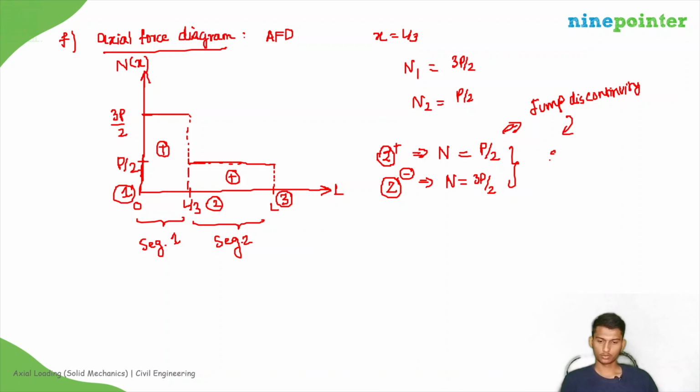इसका value 2 plus minus 2 minus. So that is minus P, right? Minus P is the jump discontinuity, the jump value.